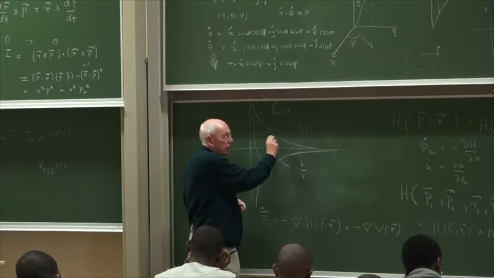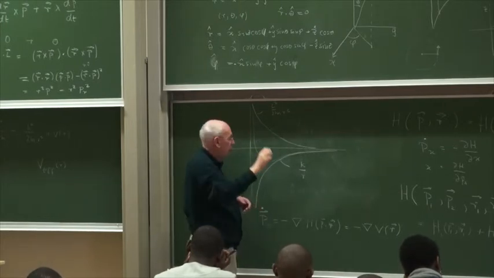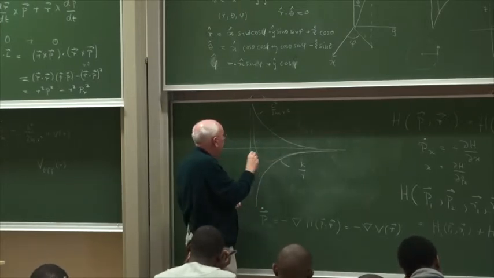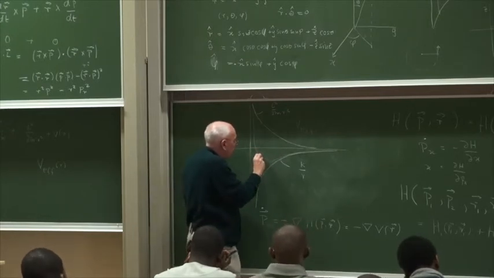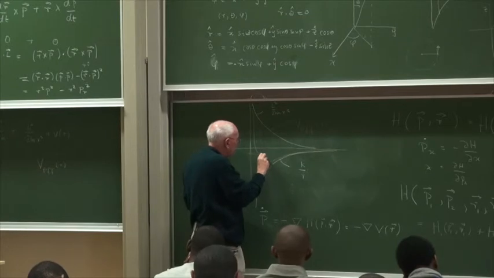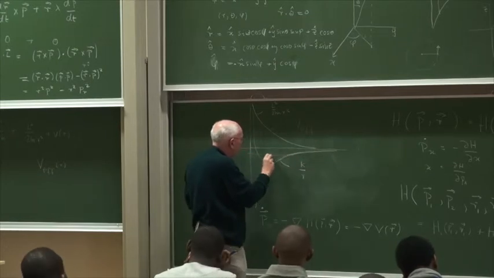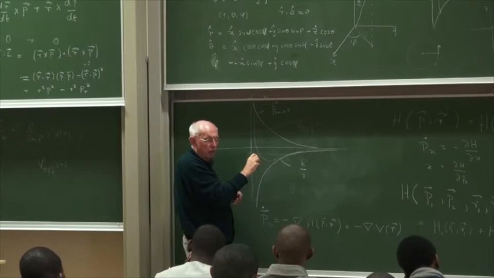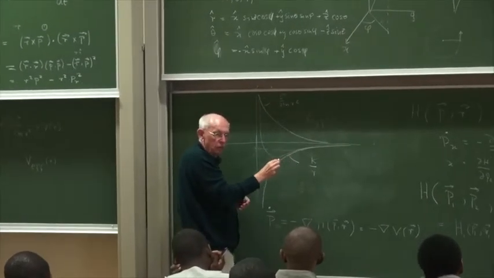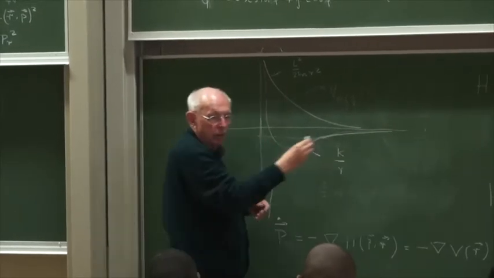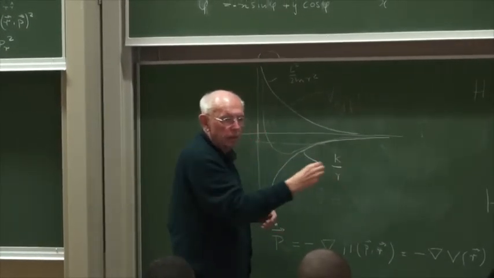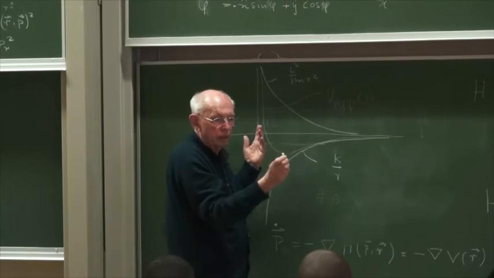Anything that sits here can run away, but it is not, because its total energy, this is a potential, and its total energy is say around here. And so the only thing it can do, it can move a little closer and it can move a little further away, a little closer, a little further away, but it can't go away.